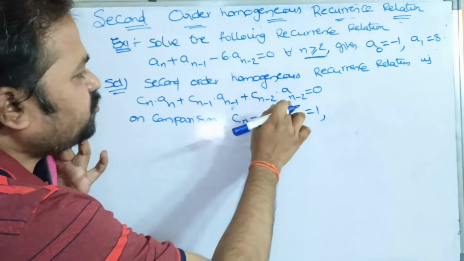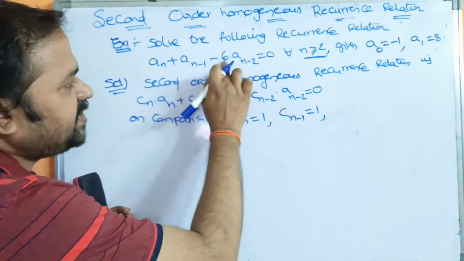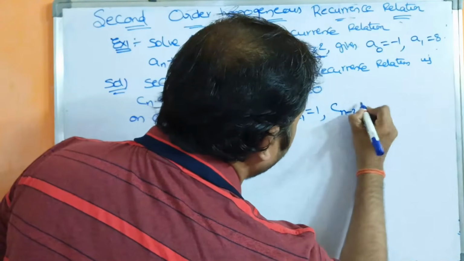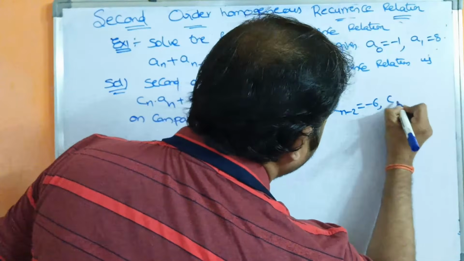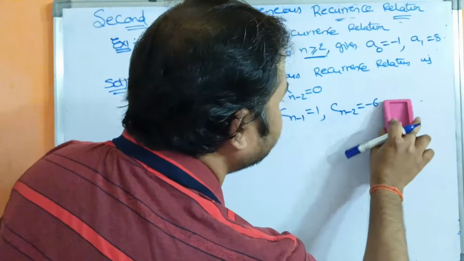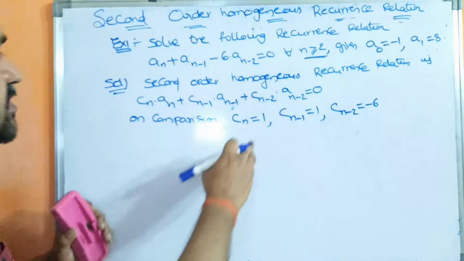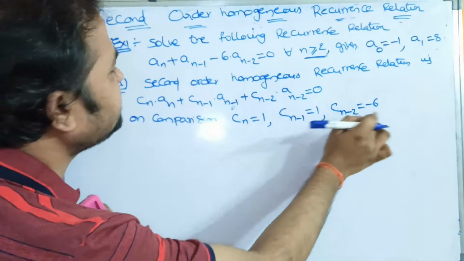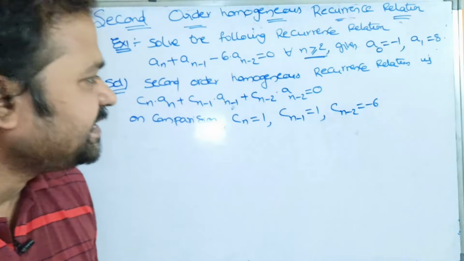Next, Cn minus 2 into an minus 2: here Cn minus 2 is nothing but minus 6. Next, Cn minus 3: this is second order only, so there is no Cn minus 3. So Cn is equal to 1, Cn minus 1 is equal to 1, and Cn minus 2 is equal to minus 6.